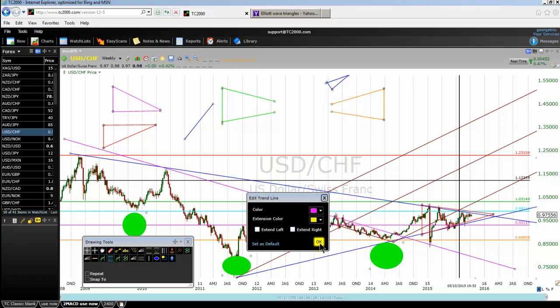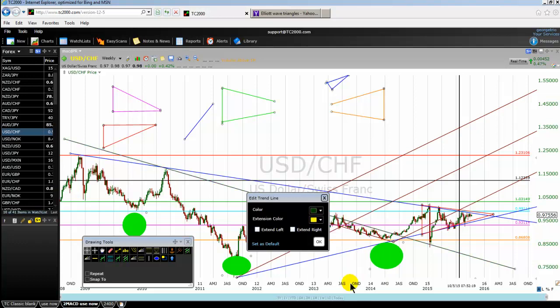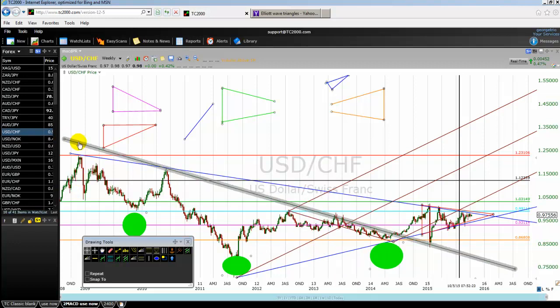So here we are. I have another pink line already on the chart, so I'm running out of colors. Which one should we use now? Okay, let's use the dark green. It's not very clear, so just pay attention carefully.